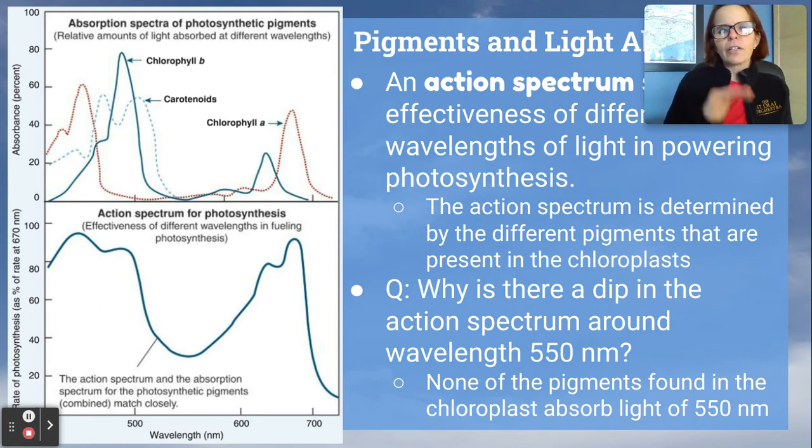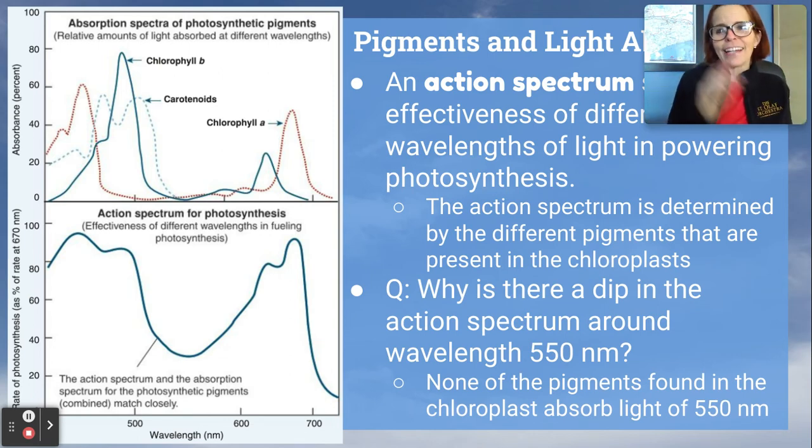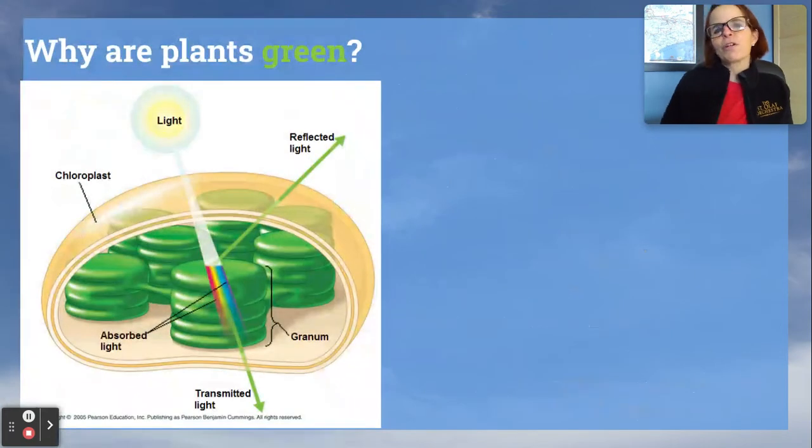None of the pigments, look at the pigments up above, none of the pigments found in chloroplasts absorb light of 550 nanometers. Notice all of them dip down there. The action spectrum is a joining of all of them, a merging of all of their most successful and least successful wavelengths. And you're seeing that none of them absorb around 550 nanometers.